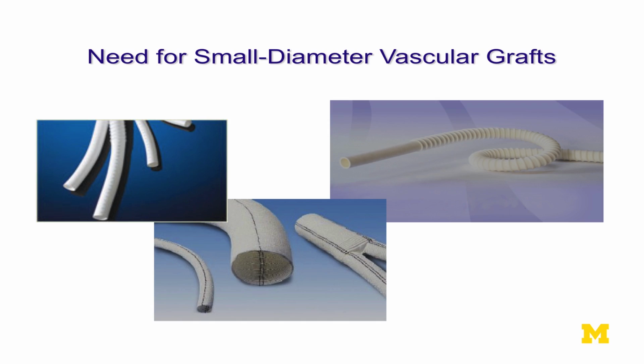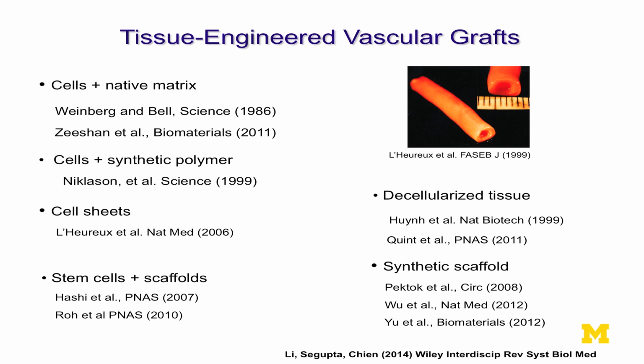So in the past few decades, people have developed different kinds of biomaterials, for example, ePTFE, Dacron, etc. These are still on the market, but these are all good for large diameter vascular grafts, but not for small diameter vascular grafts. So in the past 10 years, people have tried to use a tissue engineering approach to enhance the biocompatibility of the biomaterials, in this case, to use some cell coating on a graft.